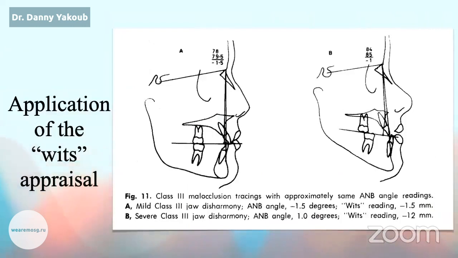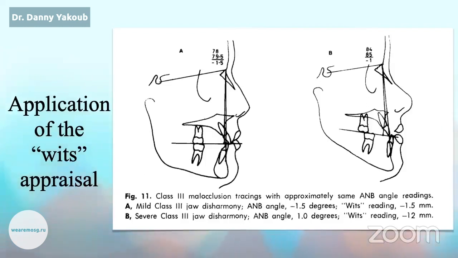So here is a class 3 example. Also two tracings. The first tracing is a class 3 malocclusion, and the A and B angle is minus 1.5. We all understand that the normal A and B angle is about 2 degrees, right? Maximum it's going to be maybe 0, and then you will have a tendency to class 3 malocclusion, right?